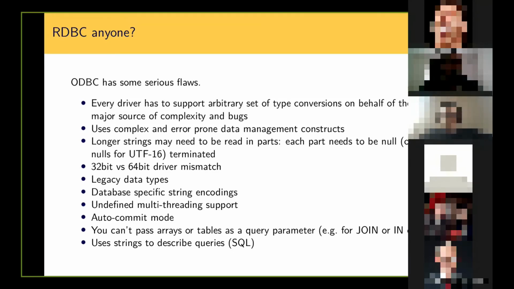The support for those conversions, between what you get from the database and what you ask for from the application, is different per driver, and it tends to be buggy because it's a very complicated thing for every driver to do. I'm not sure why they wanted to have that, since you can convert on the query side with casts or whatever you have on the database, and you can also convert on the application side. Having a third layer of type conversions, I don't know. So if I were to design RDBC, that wouldn't be there.